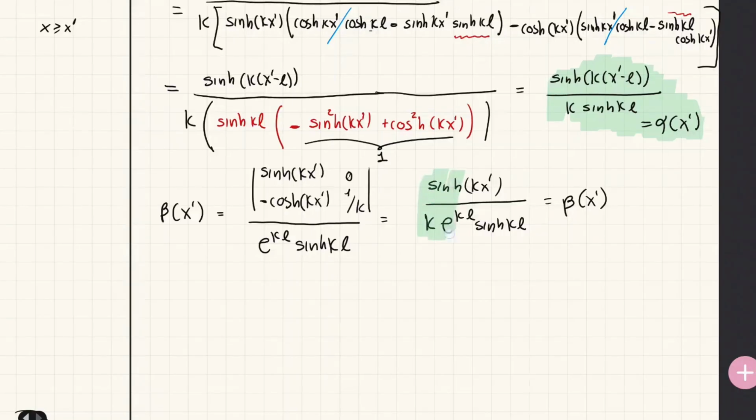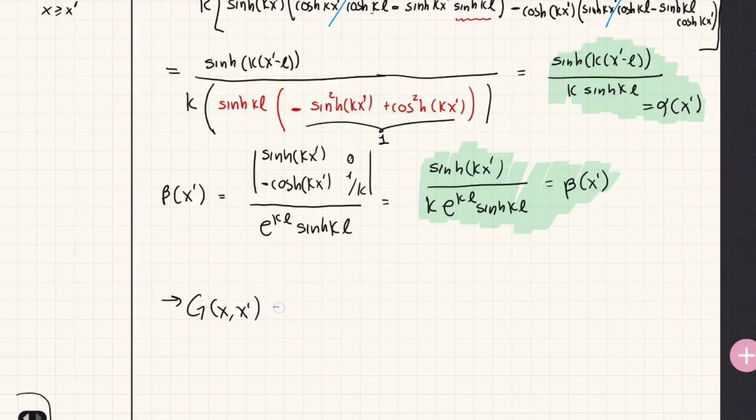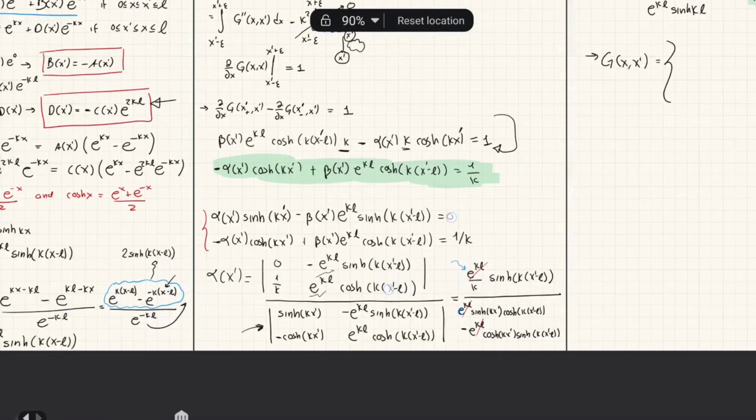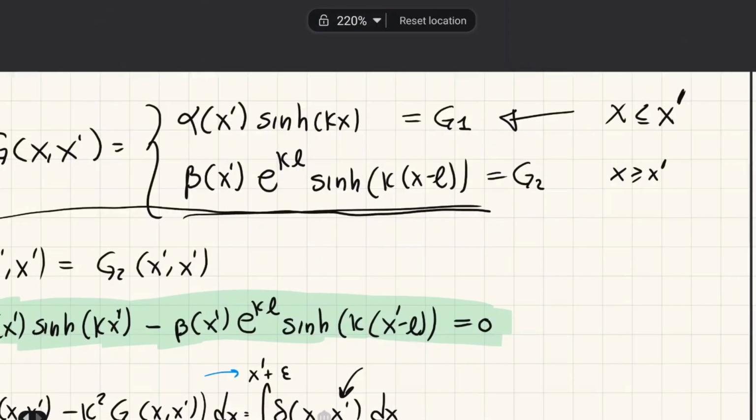So let me just remark what is beta of x prime. And then we said that the green function can be defined in this manner. Where is it? It is here, right? Now we have the values of alpha and beta, so we just need to substitute what we found.